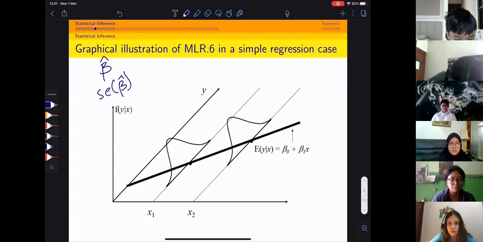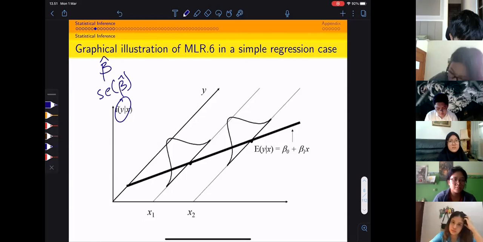In particular, we're going to assume that the unobservable is normally distributed. And given that the unobservable is normally distributed, the y variable is going to be normally distributed around the regression line. So that's going to be the idea.